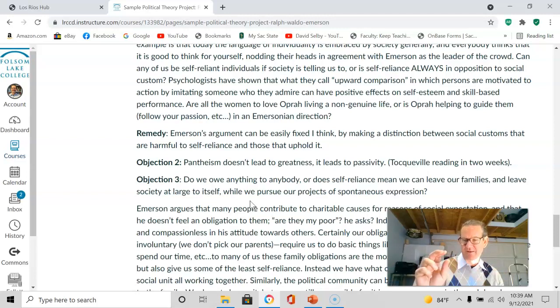So my objection is kind of narrowly focused as well. Now you can say, okay, Selby, yeah, we're going to make a distinction between social customs or other types of desire for esteem, between those that are conducive to people becoming more individualistic and those that are contrary to that. And so by making this distinction, the whole argument works. We've just tinkered with it, and now we've said, okay, there are some social customs that will pass the test and some won't.